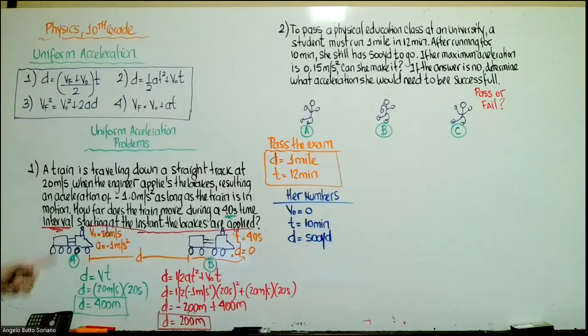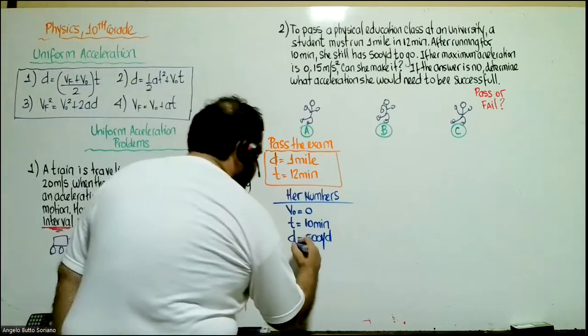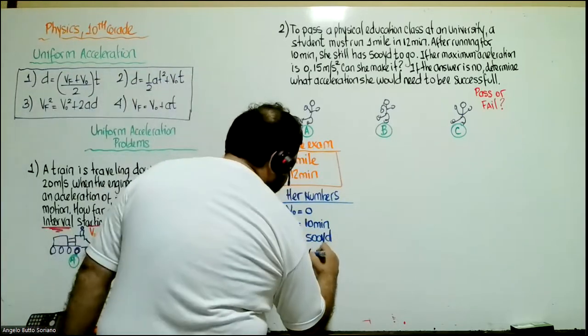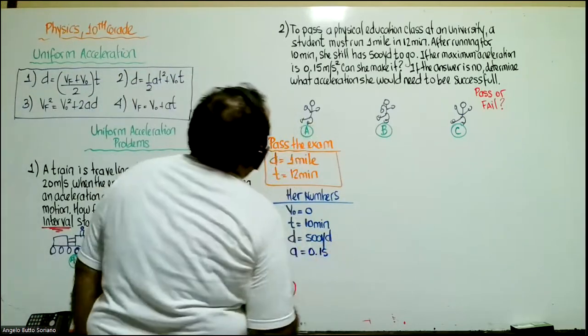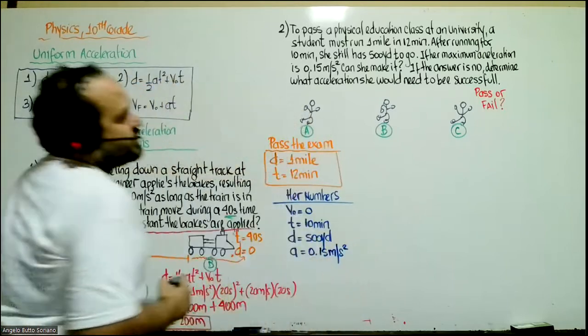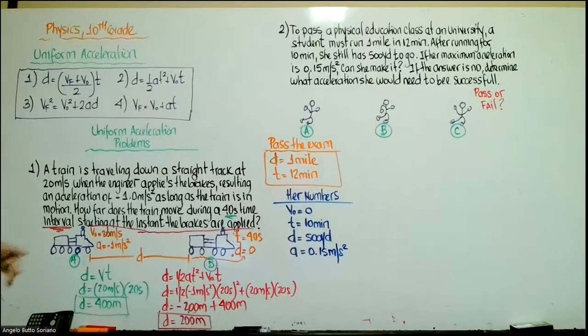If the maximum acceleration she's supposed to obtain is 0.15 meters per second squared, the question is, is she going to make it? Is she going to pass the exam, yes or no?